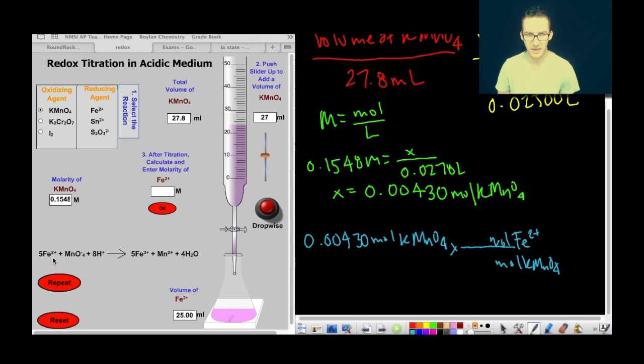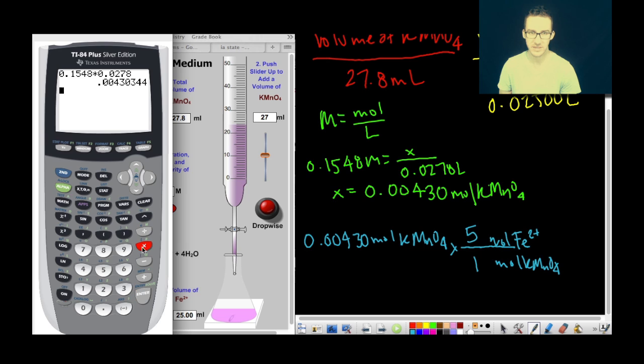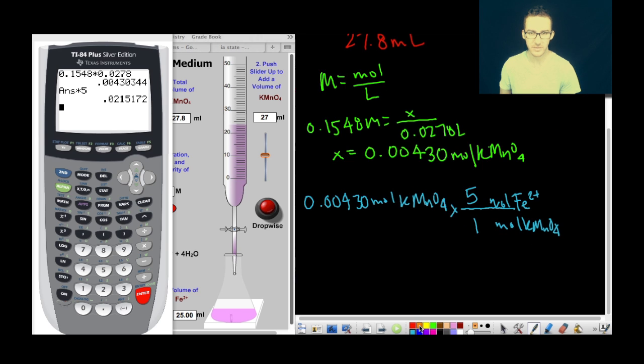As we look at our balanced chemical equation, that relationship is a 1 to 5 relationship. So we just need to multiply 0.00430 by 5, which gives us the number of moles of iron 2: 0.0215 moles.